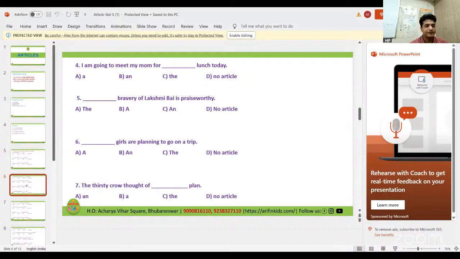Next, we have: tell me, what can be the answer? I'm going to meet my mom for dash lunch today. What will be the answer? We do not require any articles for this. It itself is sufficient to complete the sentence.